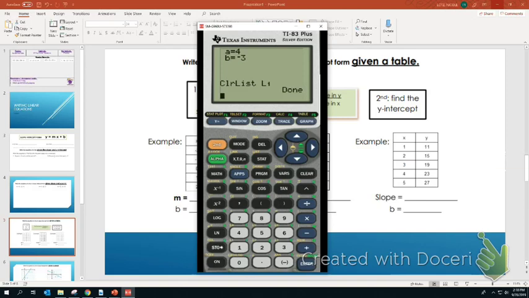We'll clear our list, go back to stat, clear our list again for L2. So now we have a fresh new table that we can type in another example. Try it with the other two examples of the tables and see if it works the same way.